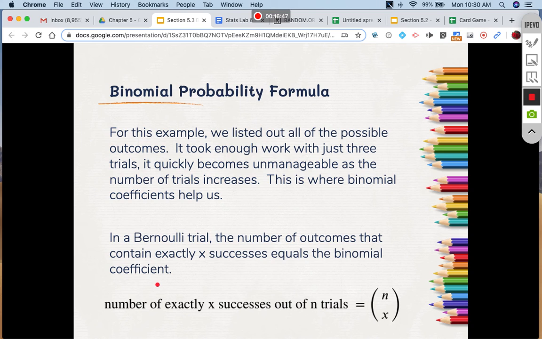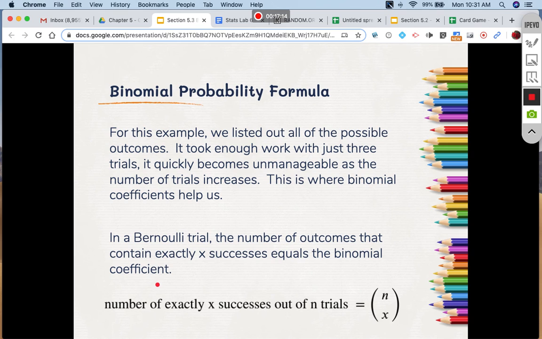So here's where the binomial coefficients come in. With just 3 trials, we could list all the different possibilities, all those 8 possibilities of what could happen. But if you're trying to draw that tree bigger than 3 choices, it very quickly becomes unwieldy, and you don't want to do that.